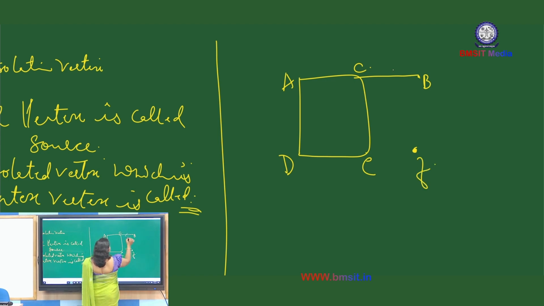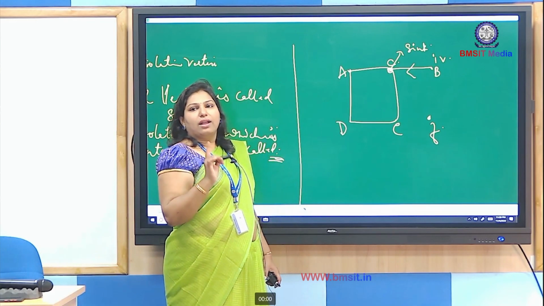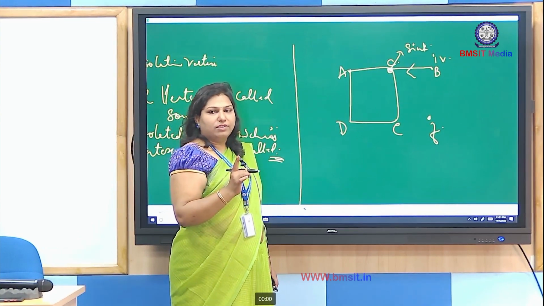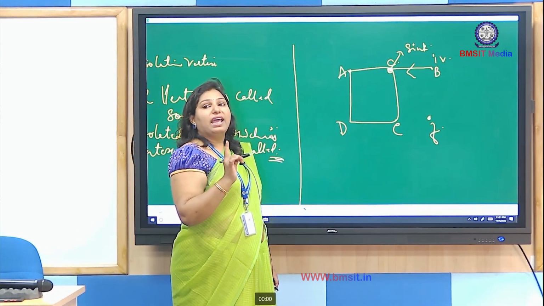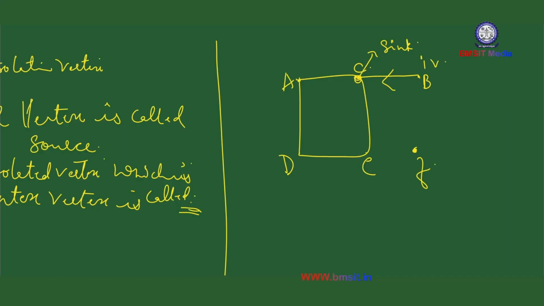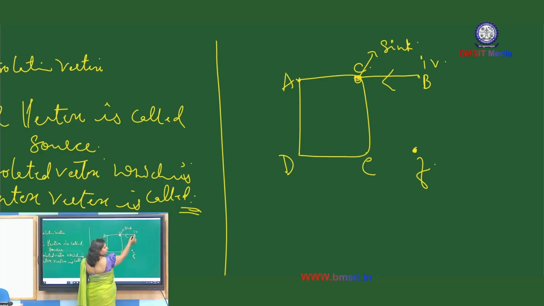This will be your initial vertex, and this point I call a sink. What do you mean by sink? Sink means a non-isolated vertex which is not an initial vertex. So C is not an initial vertex, and B is the initial vertex. So I can call the vertex C a sink, because it is not an initial vertex and it is not an isolated vertex of the diagram.